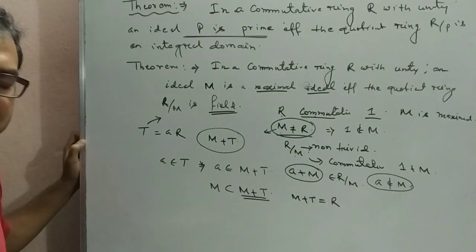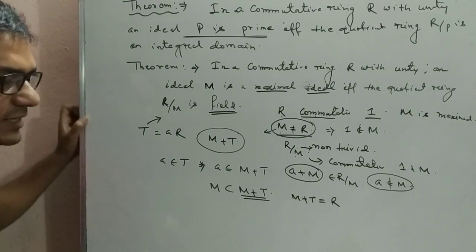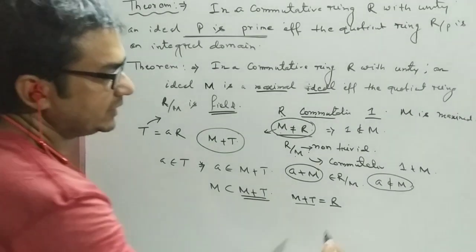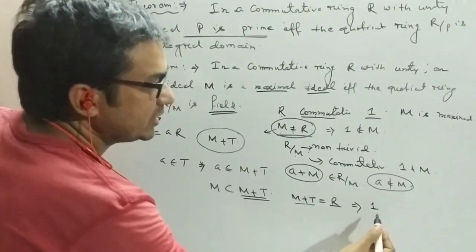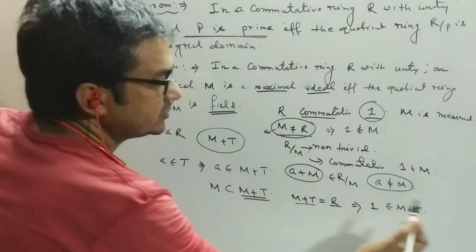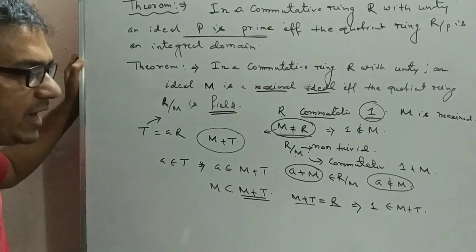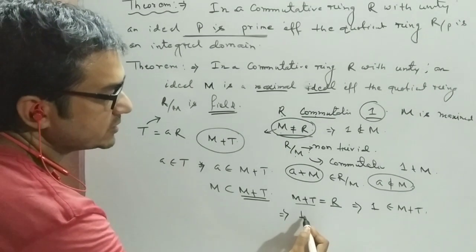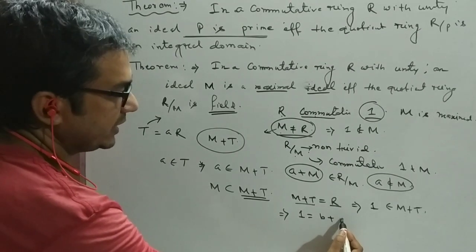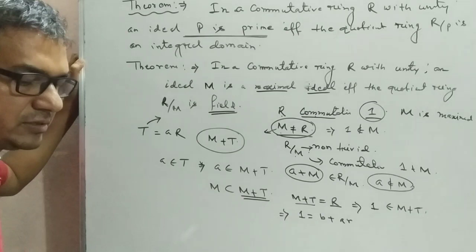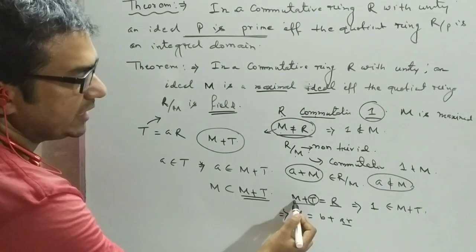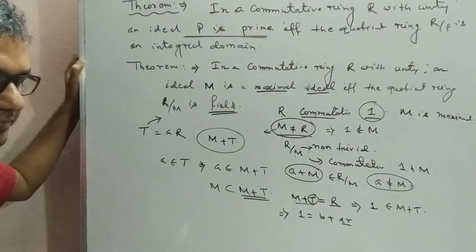Since M plus T is equal to R, the unity element 1 of R must be in M plus T, and this can be written as 1 equal to B plus AR, because the element of T is of the form AR and B is any element of M.